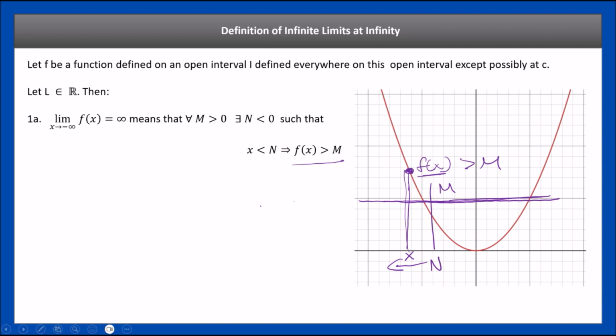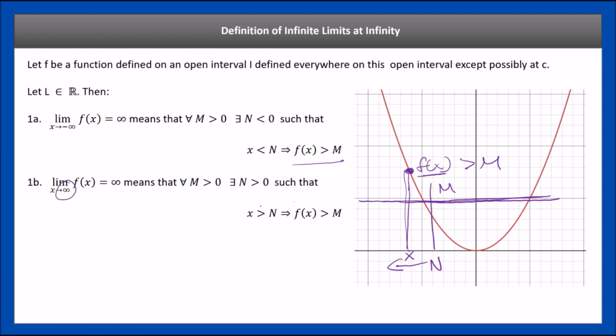And then if we look at the second part of this, we call them 1a and 1b, because they're both going to infinity, but one is positive infinity and one is negative infinity. In this case, this is positive infinity, so that means N has to be greater than 0. So in this case, it's just the positive version. If this were negative N, or N less than 0, then this would be N greater than 0.